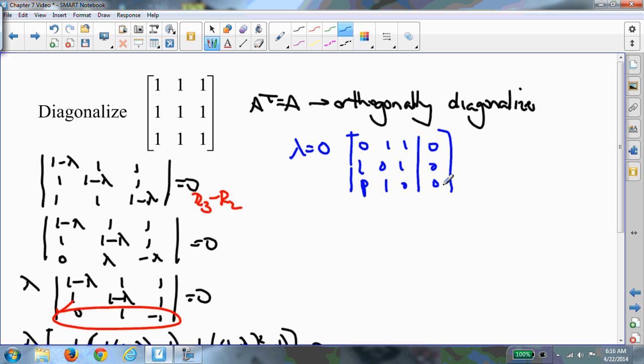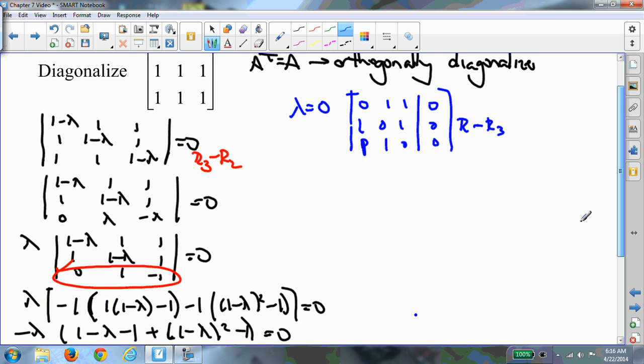And so if I RREF this, let's do row 2 minus row 3, and let's move that to the top. So that'll be 1, negative 1, 1, 0, 1, 1, 0, 0, 0, 1, 1, 0.